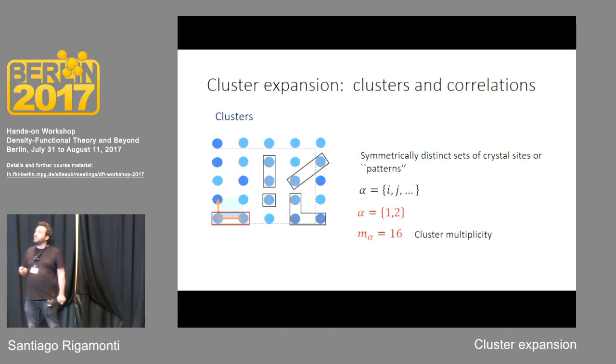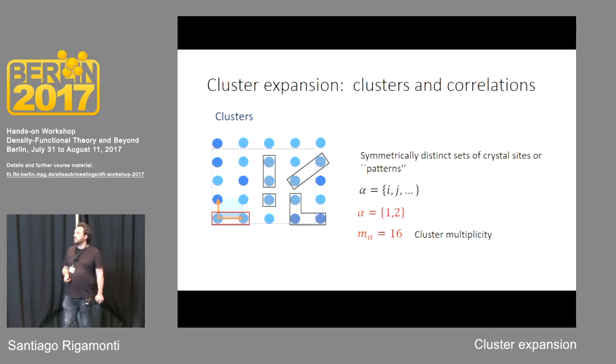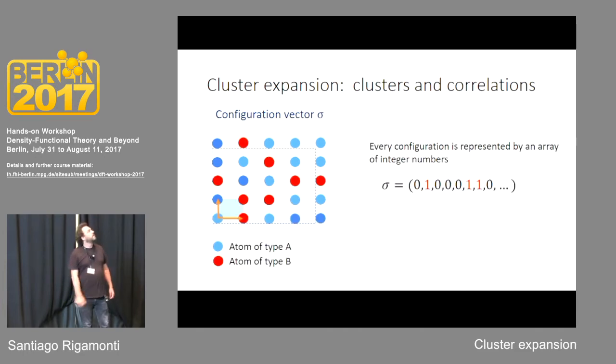The multiplicity of the cluster is how many symmetrically equivalent repetitions of this pattern you can find in the structure. In this case, there are 16. You can count them 1, 2, 3, 4. These 4 times 4 is 16 times this cluster. So then we have defined what is a cluster, and what is the multiplicity of the cluster.